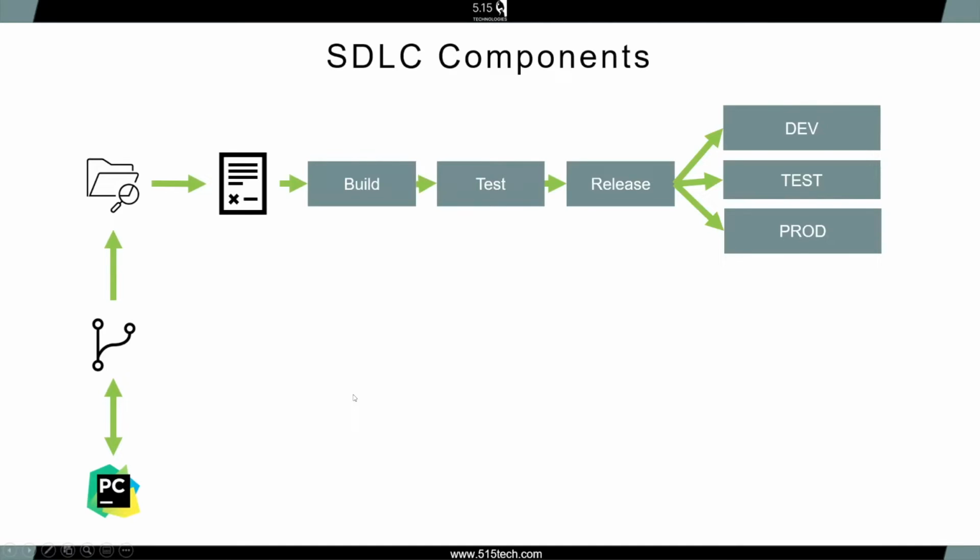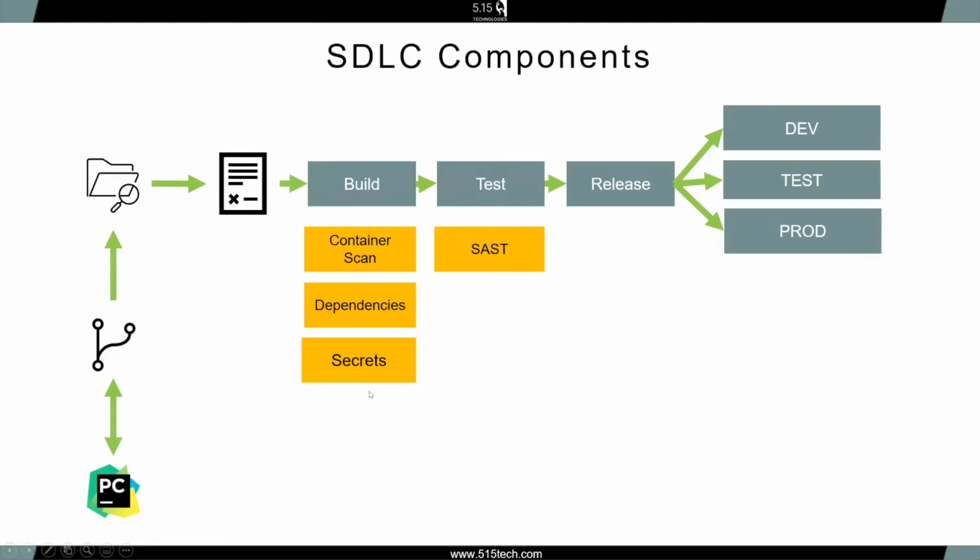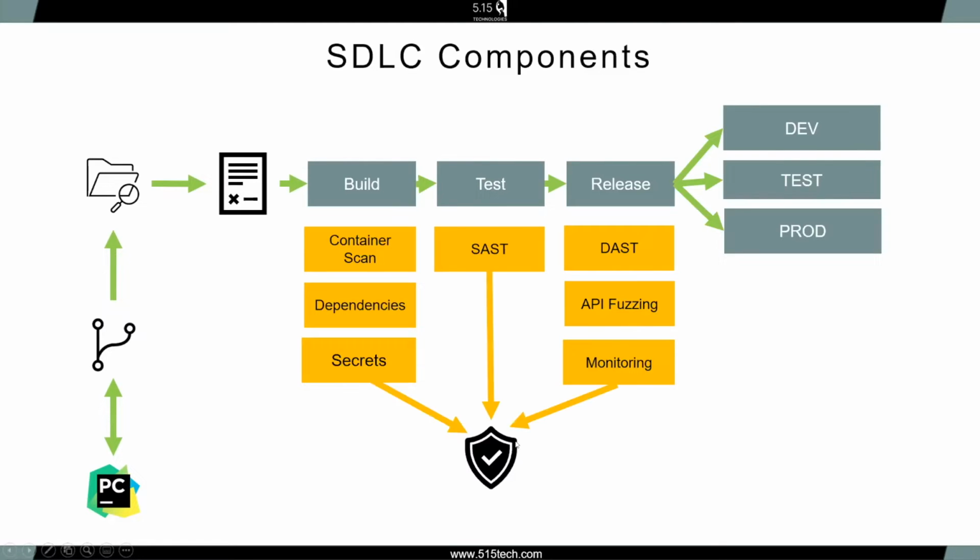It depends on the swim lanes, the enclaves, things like that. But we're going to show you how to add container scanning, dependency scanning, secrets, static application security testing and linting, as well as dynamic application security testing. We're not going to demonstrate API fuzzing, and then monitoring and reporting into one consolidated interface.